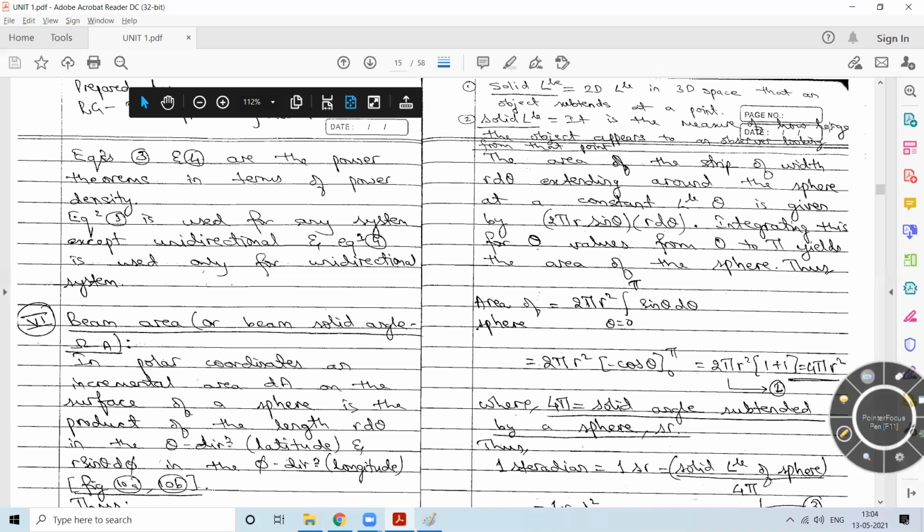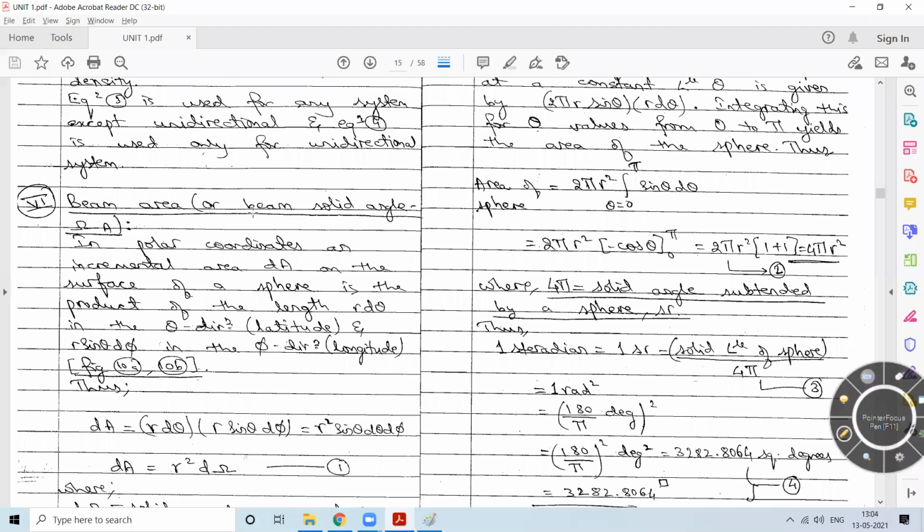So that is what solid angle gives you, the information. And now when we are considering solid angle, we define beam area. Beam area is also sometimes termed as beam solid angle. So what is this beam related to? This beam is nothing but the radiation pattern.